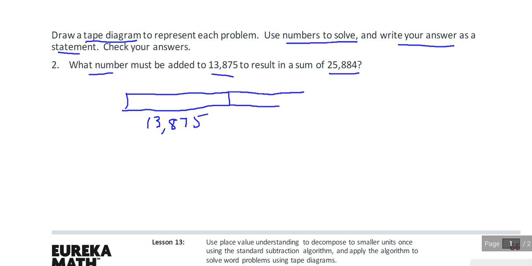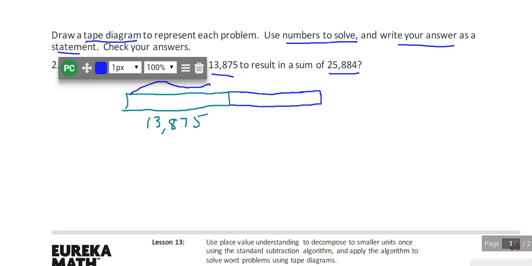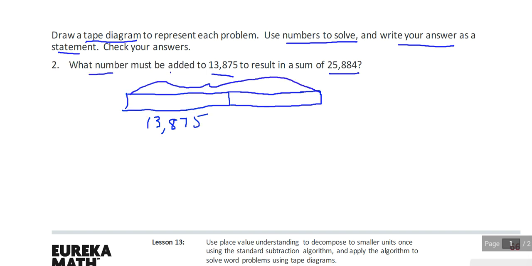So add some other amount here. And the whole thing altogether, the whole thing is going to be 25,884. Okay, so this is what we don't know, is this amount here.